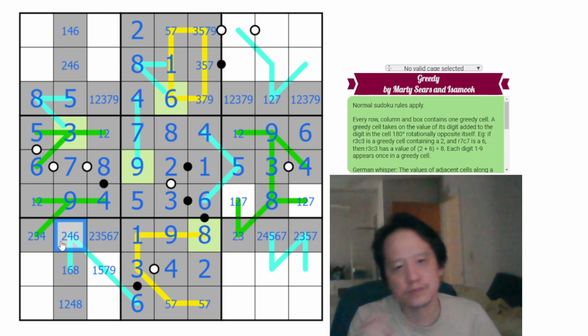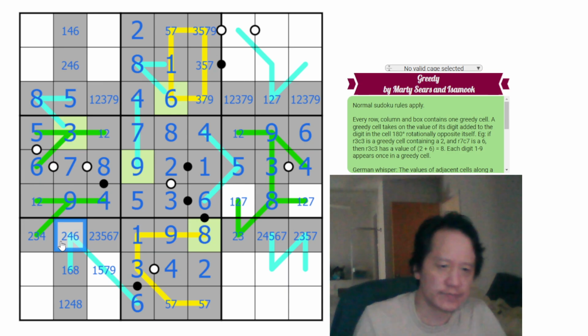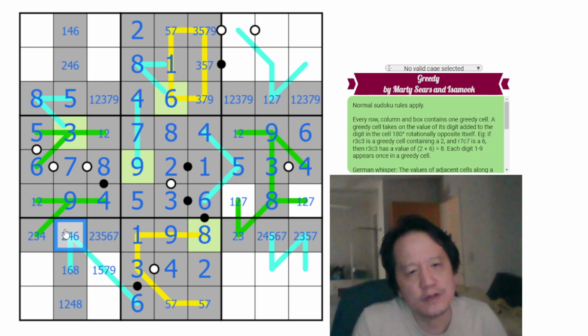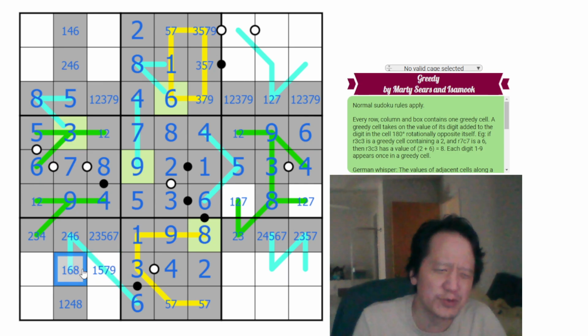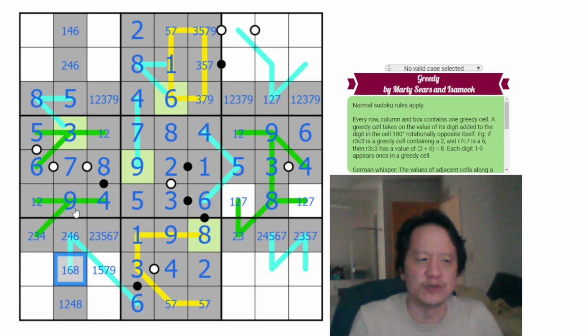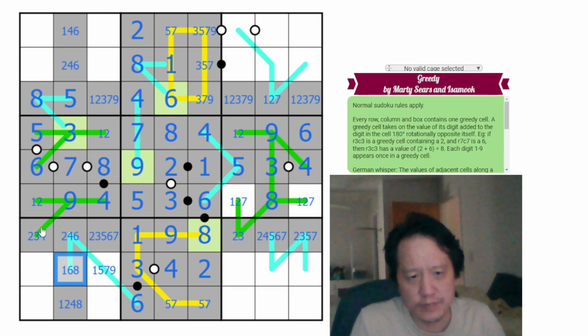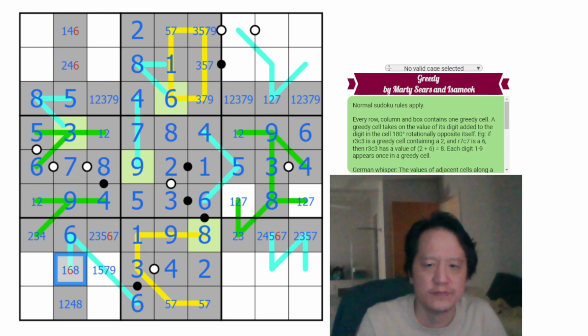No. So this can't be 2 either because of the same thing. If this is 2, this would have to be a difference of 2, but this would have to be a difference of 2. And so that would have to be 4. So we know this is 6. So this has to be 6.